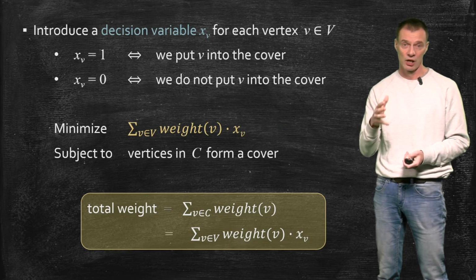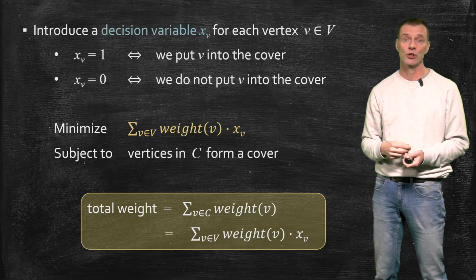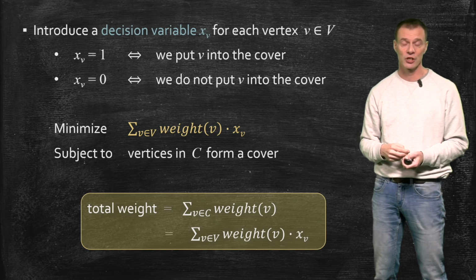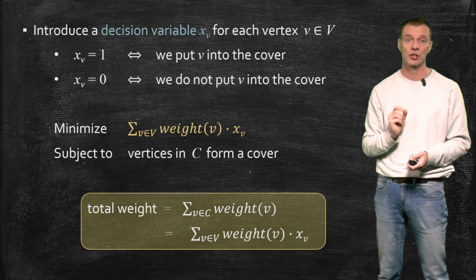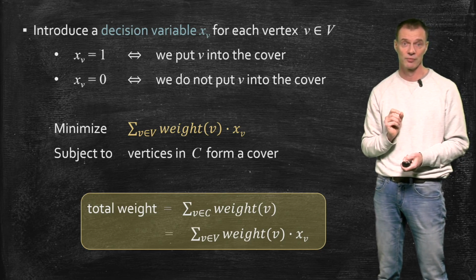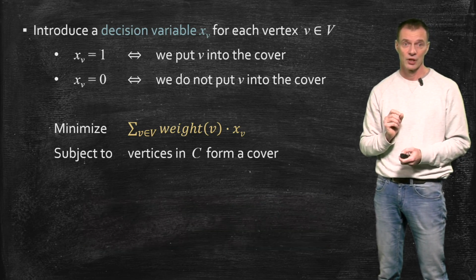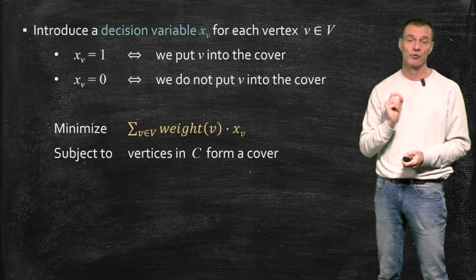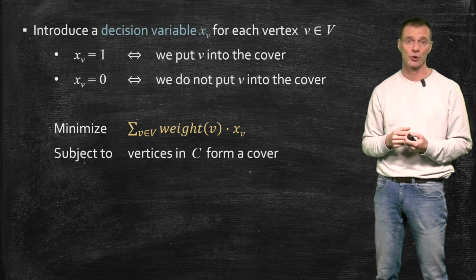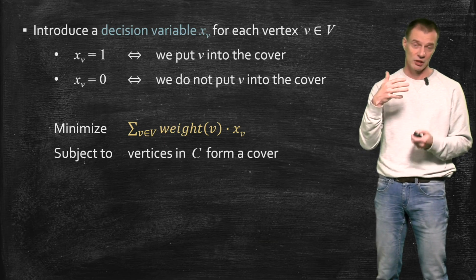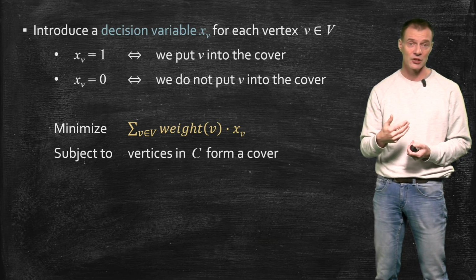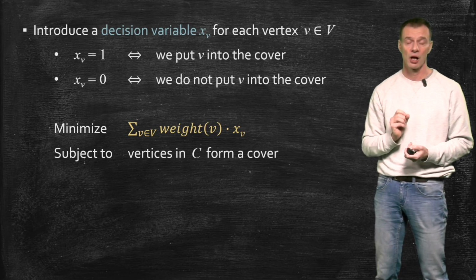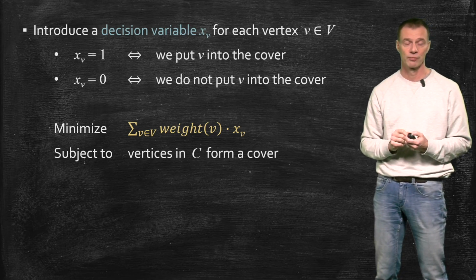Okay, and now indeed what we want to do, if we want to minimize the weight of the cover, that means that we minimize this linear function of these variables xv. Okay, so we did the first step of our conversion to a linear program. We wrote the objective of our vertex cover problem as a linear function of our decision variables.